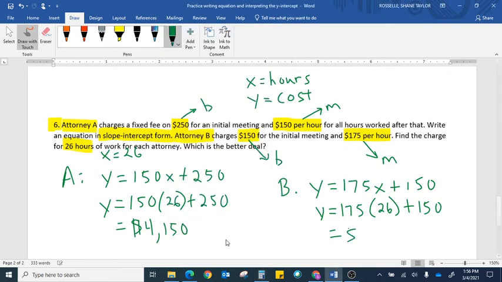So $4,700 is going to be the fee for attorney B right here, and this one's going to be the fee for attorney A. It says find the charge for 26 hours of work. Which deal is better? Attorney A. Okay.